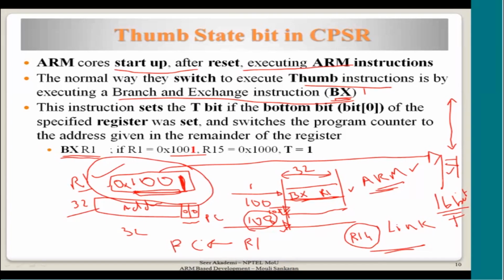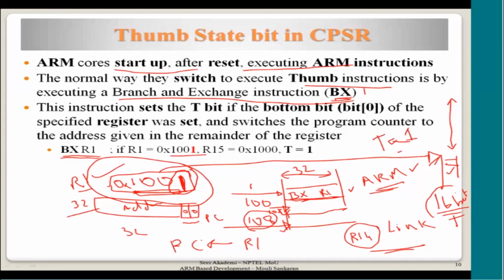So how will it do that? It will do it automatically if it can change the T bit to 1, right? If T bit is 1, then it will automatically go into thumb mode, and whatever addresses it fetches, it will fetch as 16-bit wide instructions. So basically this 1 indicates that when you change over to the new address, you have to change the T bit also to 1.